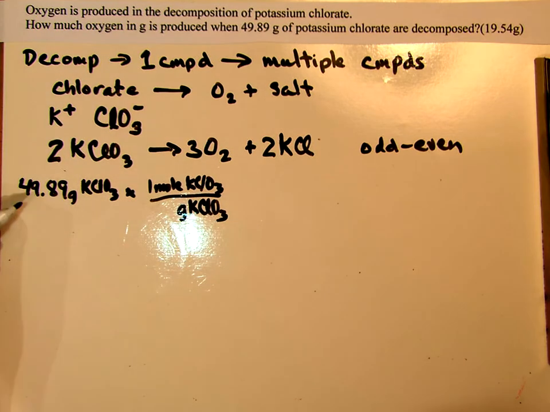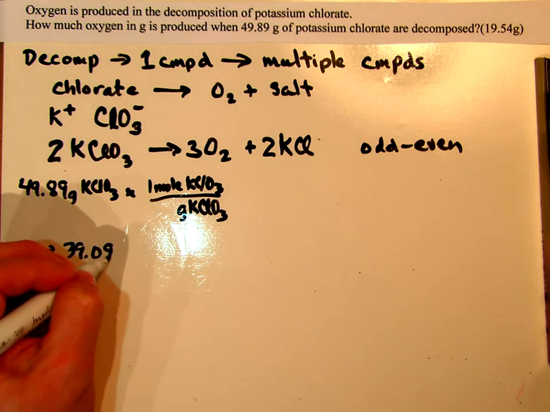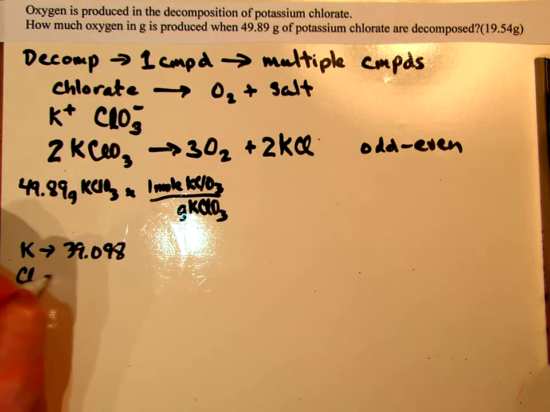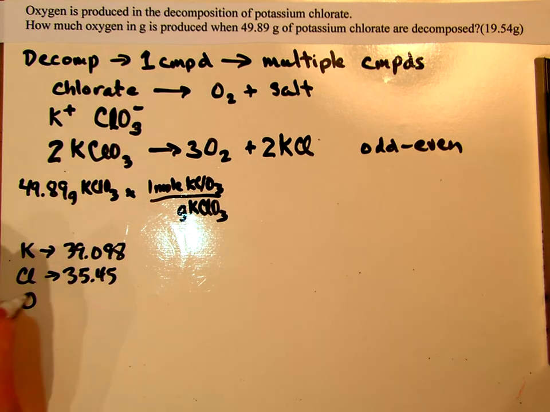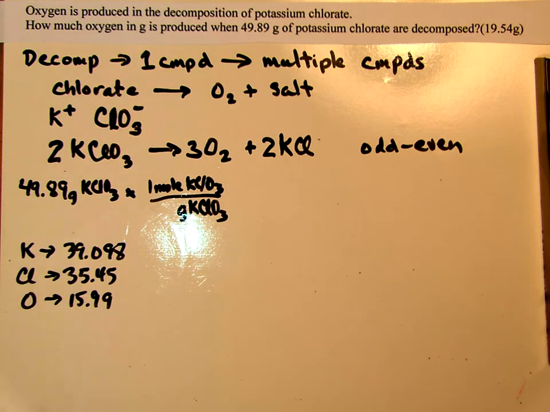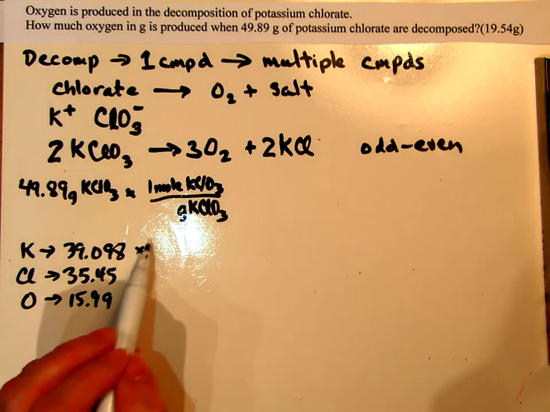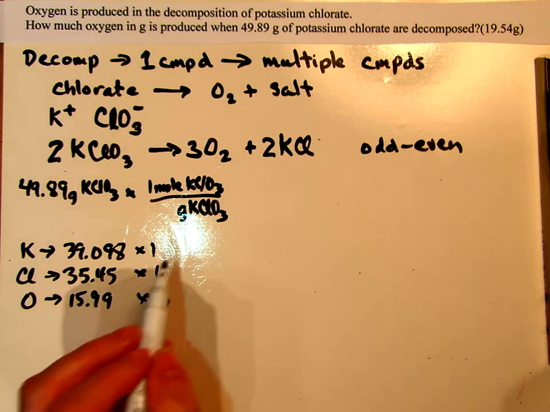So we need to figure out the molar mass of potassium chlorate. So if we look this up in the periodic table, potassium is 39.098, chlorine is 35.45, oxygen is 15.99. Those are off in the periodic table. You have just 1 potassium, 1 chlorine, but you have 3 oxygens.